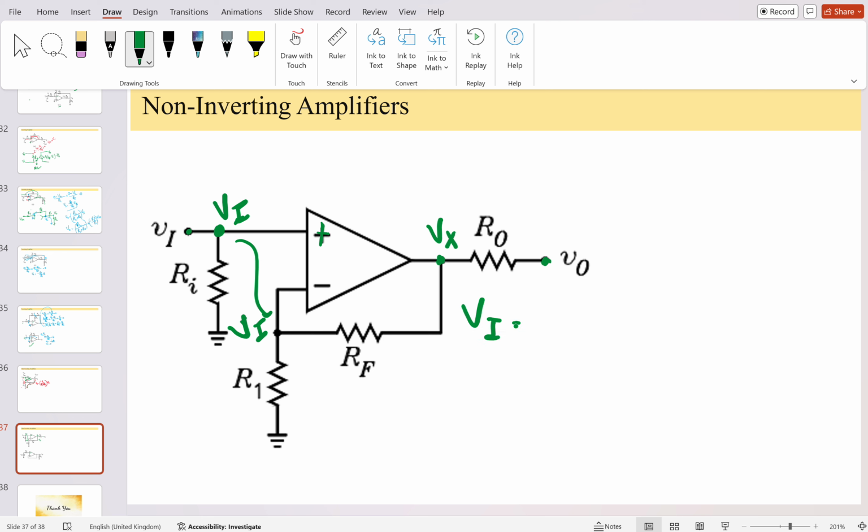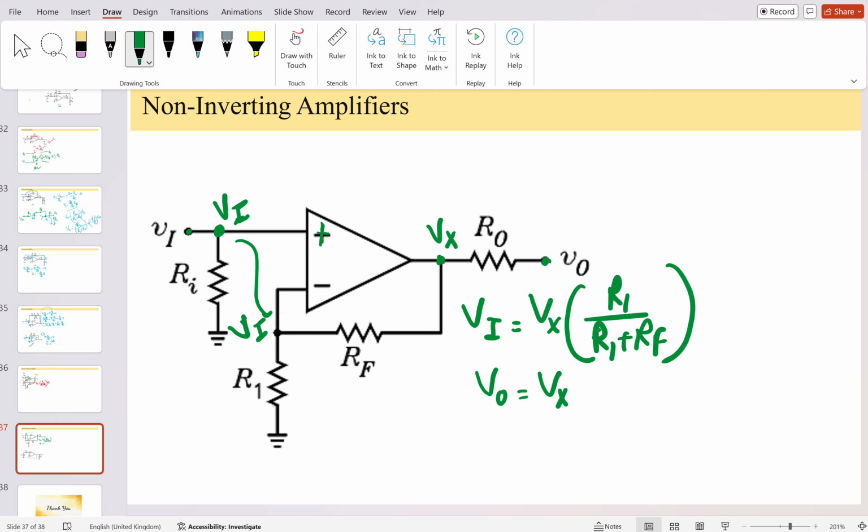The V input will be equal to, by the voltage division principle, R1 divided by R1 plus RF. And V output is equal to Vx plus, supposing current I is flowing here, I times R naught. Getting my point? That's the way to solve this kind of problem.